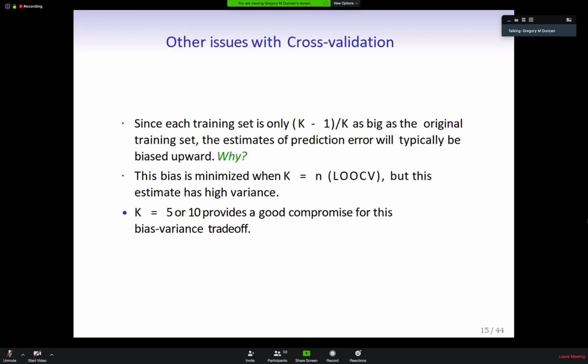And what we have found is that k equals 5 or 10 provides a good compromise. I am sure somebody is going to write a paper that tells you that in some cases it should be 15, in some cases it should be 3, in some cases it should be 35. Those papers haven't been written yet.